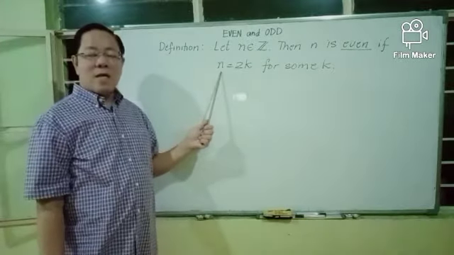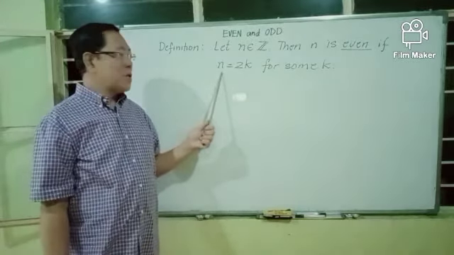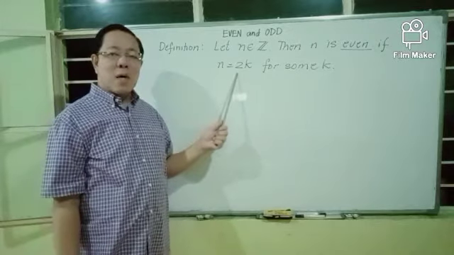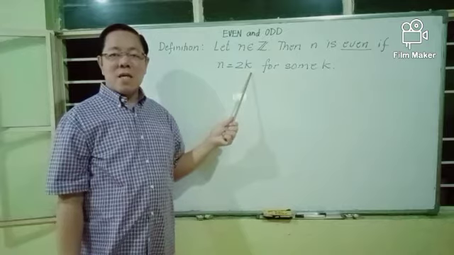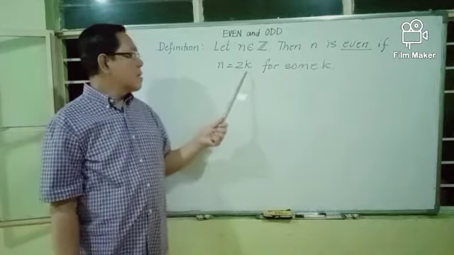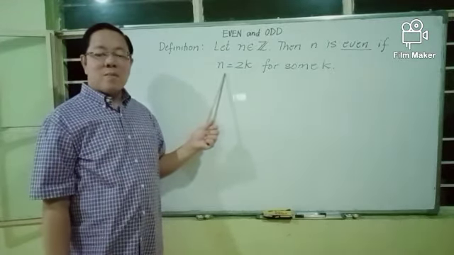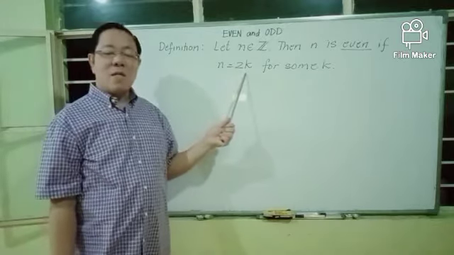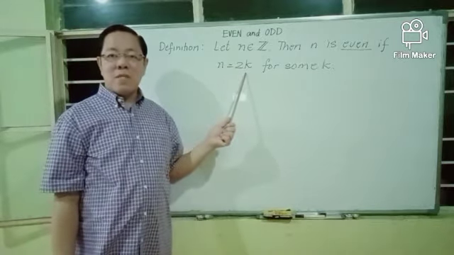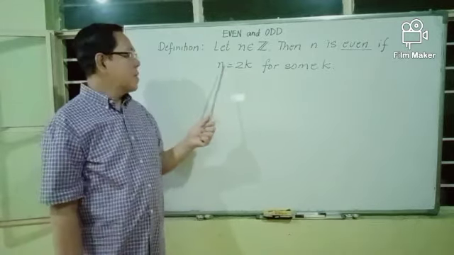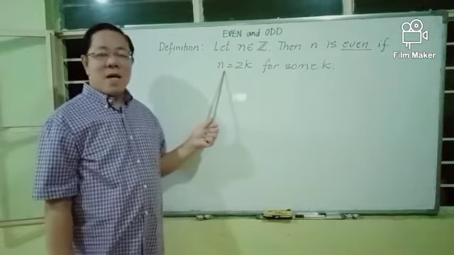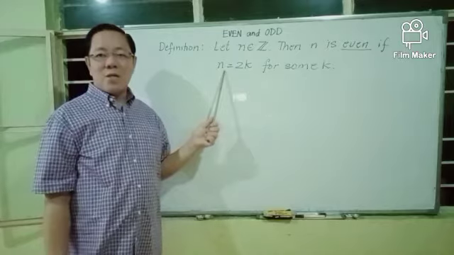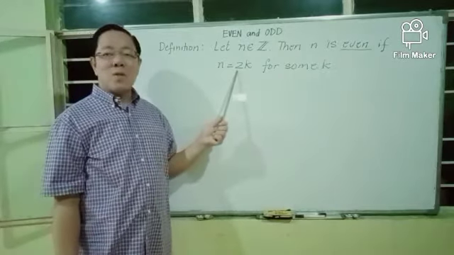That is, n is an even integer if n can be written as twice an integer k. k here is an integer. And also we say n from this equation is even if 2 is a factor of n. Or we say n is an even integer if n is a multiple of 2.